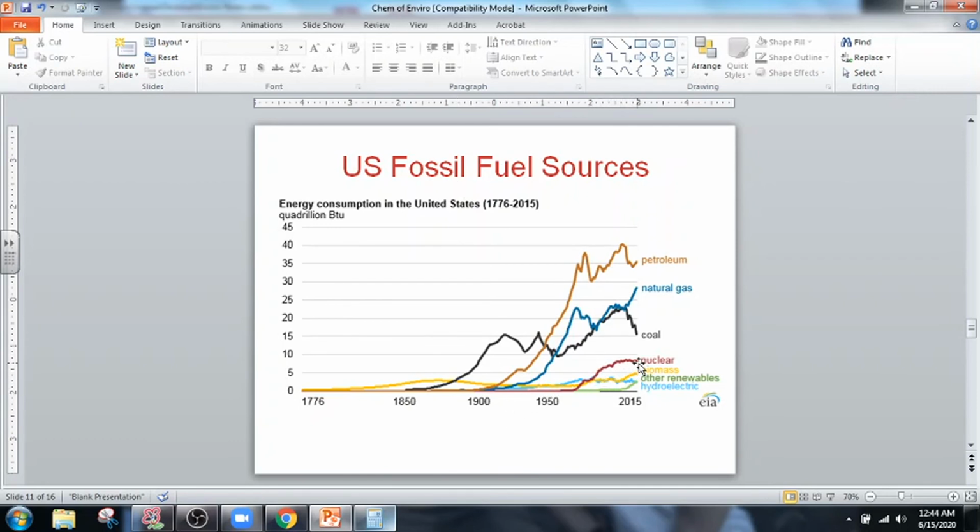We have this increase in nuclear as well as biomass, other renewables being wind and solar. We got to flip this grid, you guys. We got to stop subsidizing the fossil fuels. And we got to start subsidizing the hydroelectric, the solar, etc.